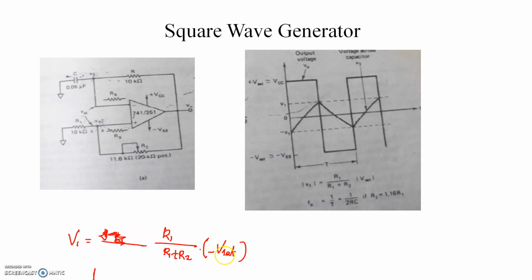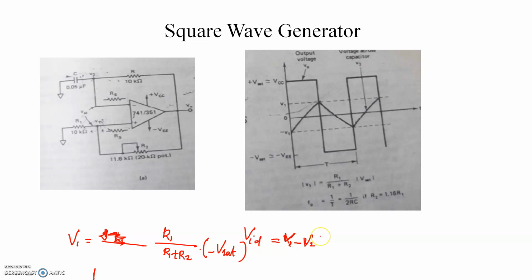Thus the net differential voltage VID, which is V1 minus V2, is negative, which holds the output of the op-amp in negative saturation.